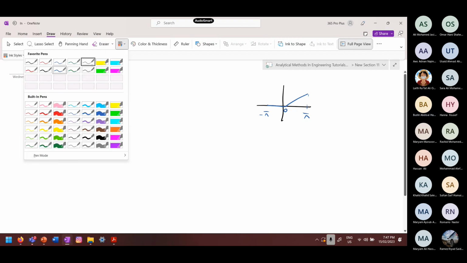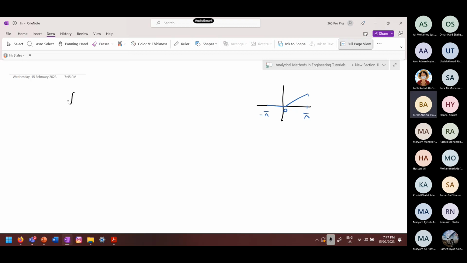Okay. And given that f of x, okay, this is the x and this is y of x. In some questions, you will get y of t and t. It's the same, because Fourier series is mainly used in the time domain, so don't worry about it.